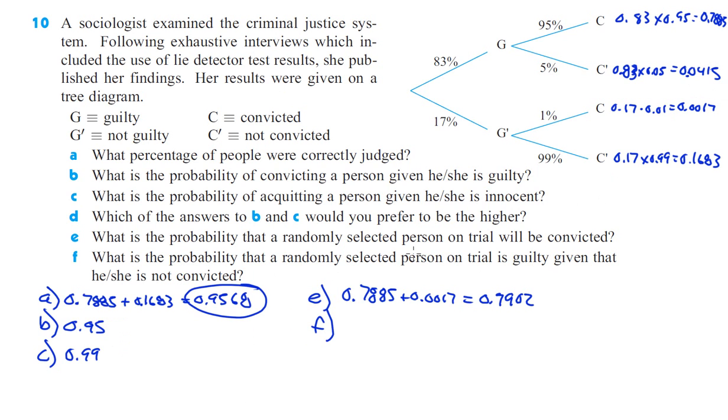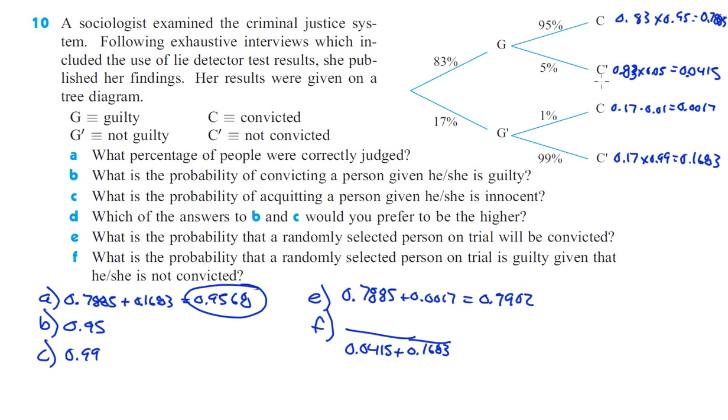Okay. Probability that a randomly selected person on trial is guilty given that they're not convicted. So the not convicted is going to have to be the 0.0415 plus the not convicted down here is 0.1683. Is guilty.